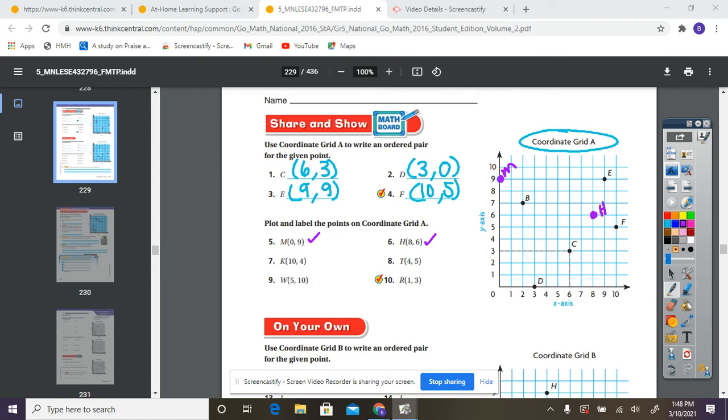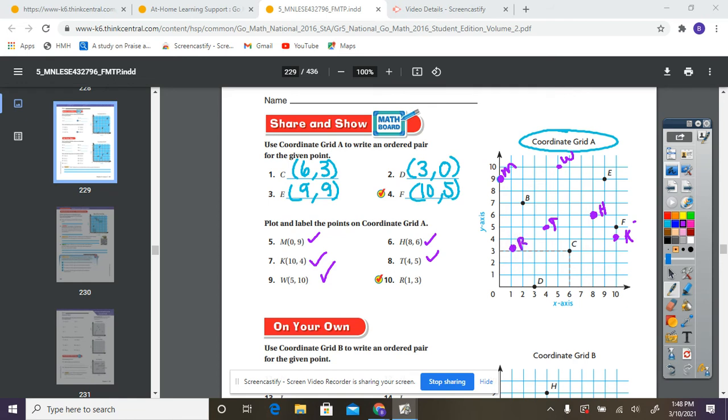K, over 10, up 4. I'm going to draw a little dot. And I'm going to label that K. Done that. T, over 4, up 5. I'm going to make a T. W, over 5, up 10. I'm going to make a W. And R is over 1, up 3.